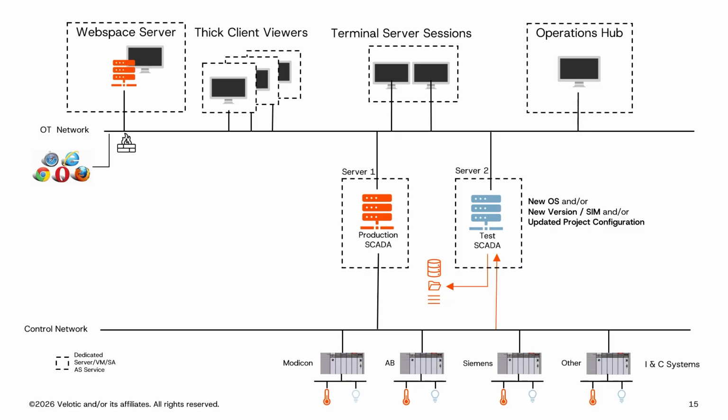So for example, if you bring up this system in what we call test mode or read-only mode, that system will still receive all of the updates from your plant floor devices, but any set points or writes that are made as part of the testing of this secondary server with these new updates will be written out.